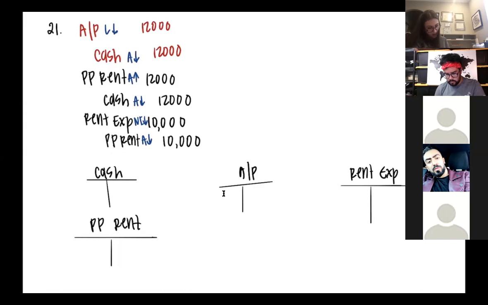What should I be putting in cash? On the credit side, their mistake 12,000, and then the correct 12,000. So that's fine. And for prepaid rent on the left side, 12,000, and then on the right side, 10,000.